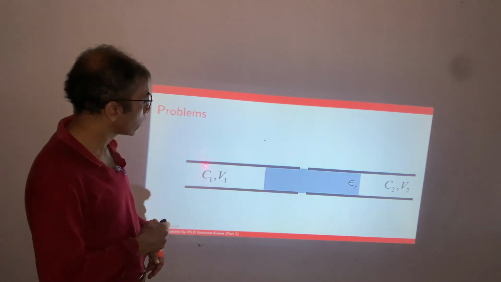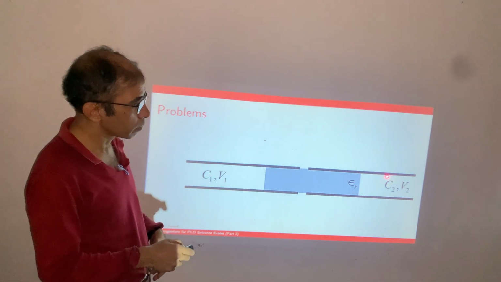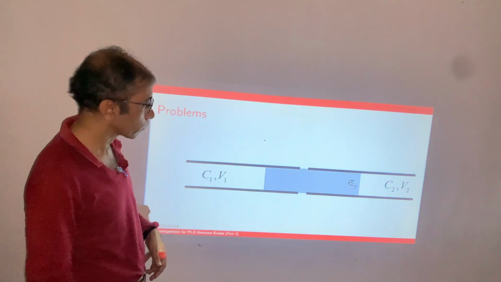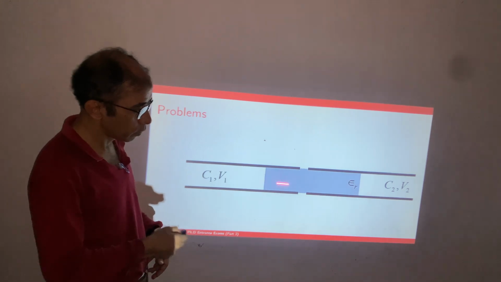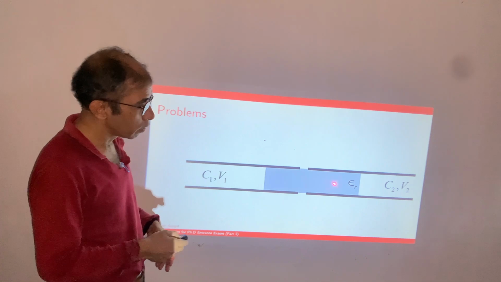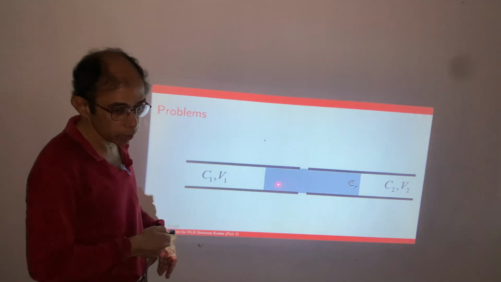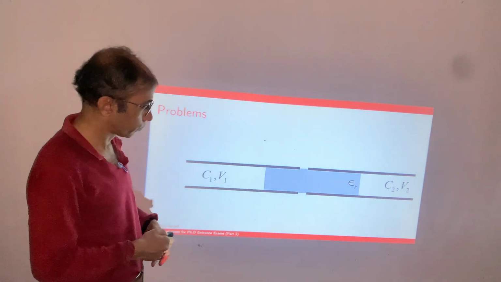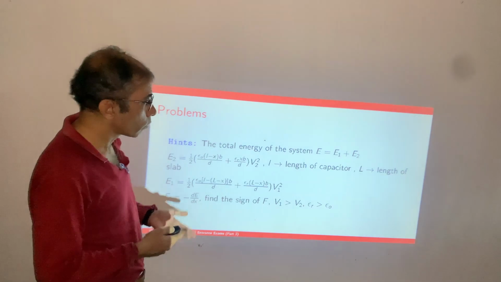This capacitor has some capacitance C1 and this capacitor has some capacitance C2. And this slab can freely move in this space. So the question is, if the slab is free to move, in which direction is the slab going to move?